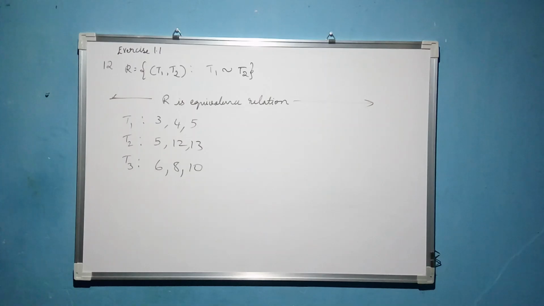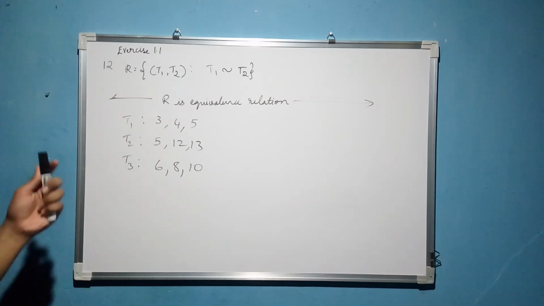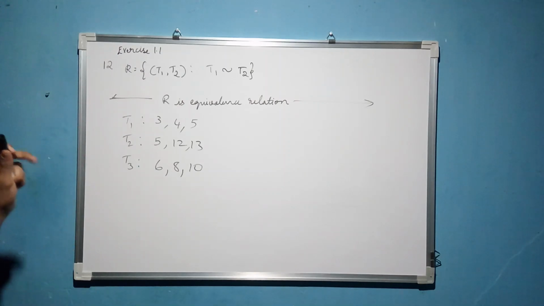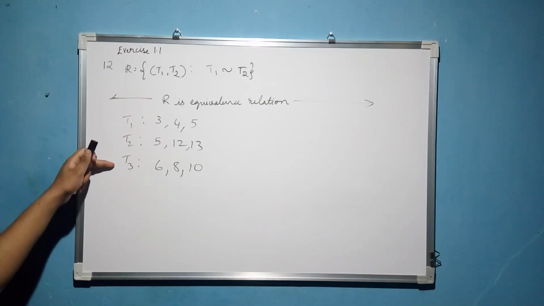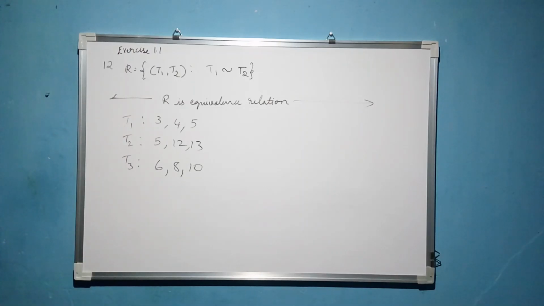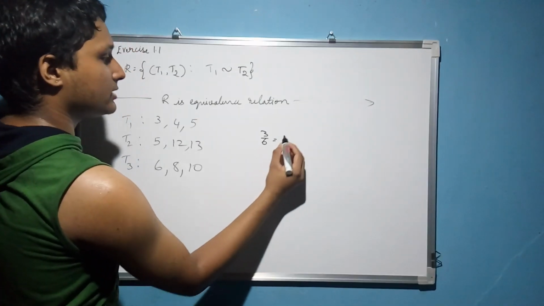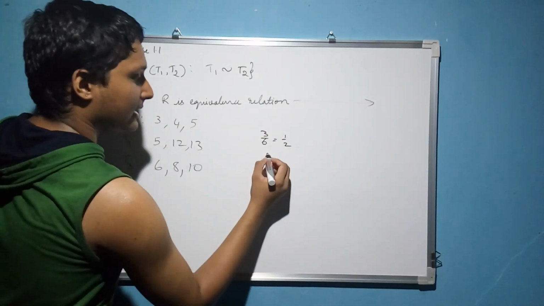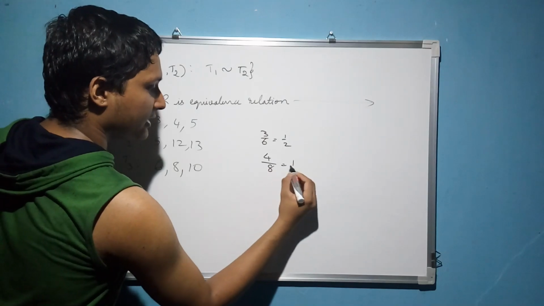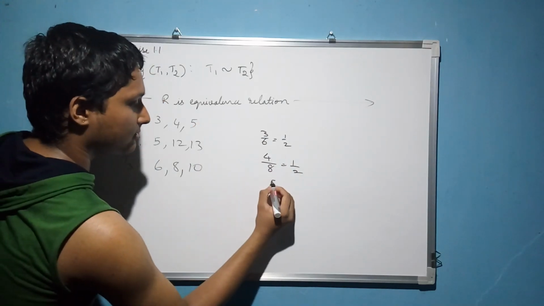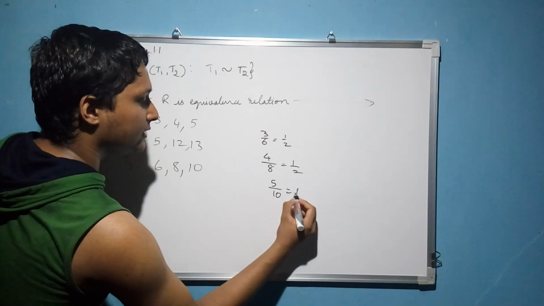In class 10 you have learned that for the similarity of two triangles the sides must be proportional. So in these three triangles we can find that the triangles T1 and T3 have proportional sides. How? Let us see. 3 by 6 is equal to 1 by 2. 4 divided by 8 is again 1 by 2. 5 divided by 10 is again 1 by 2.